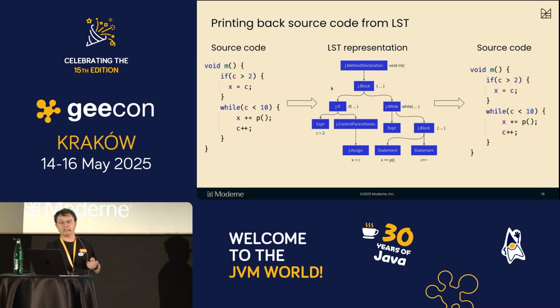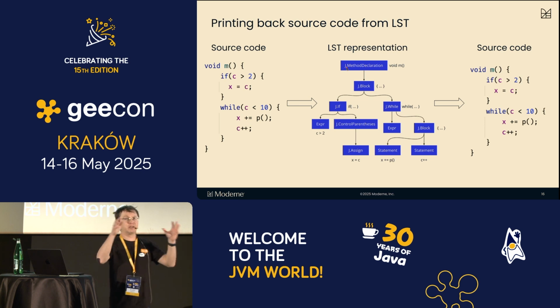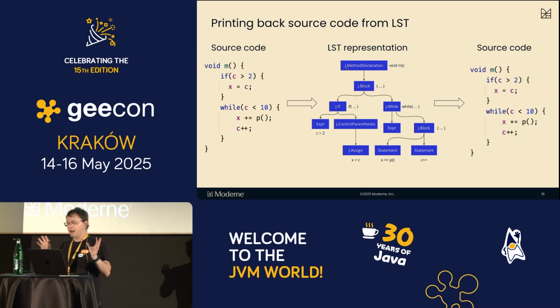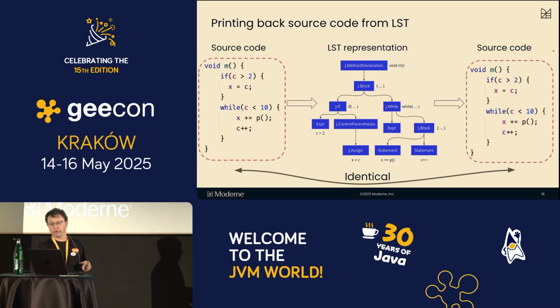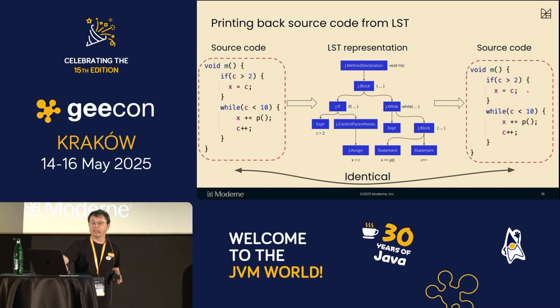Since this LST preserves all information about formatting, and all information about types, though types are not necessary for this, we can print it back from the LST tree to the initial source code.